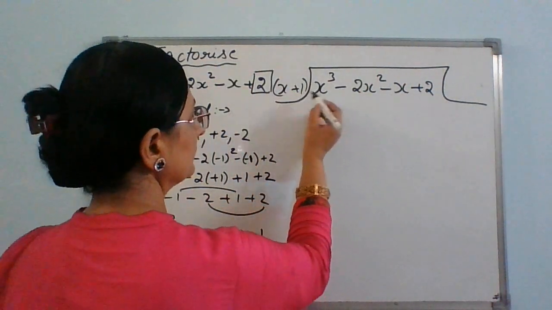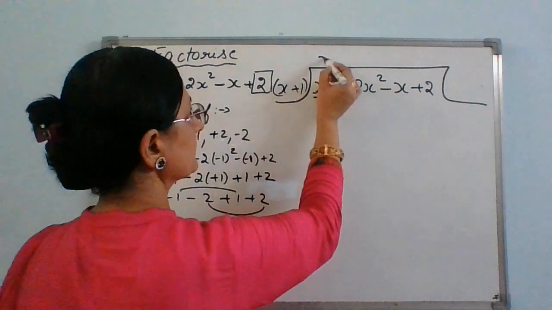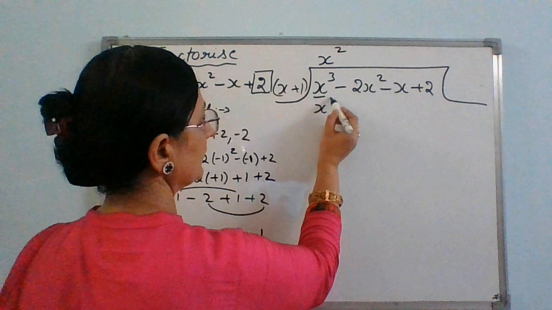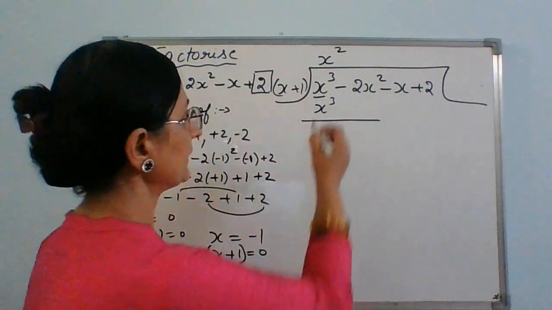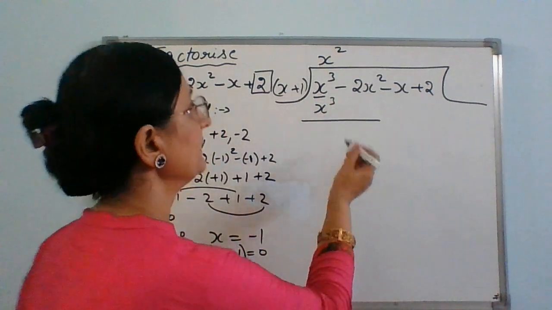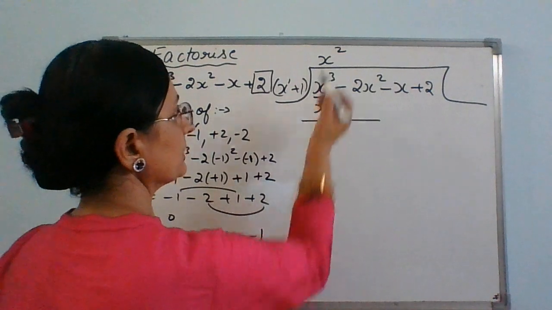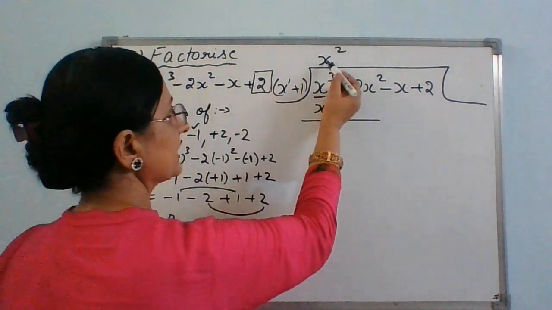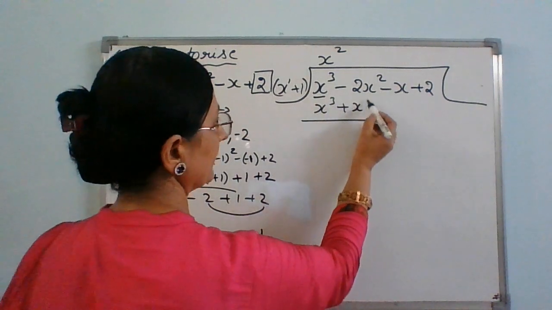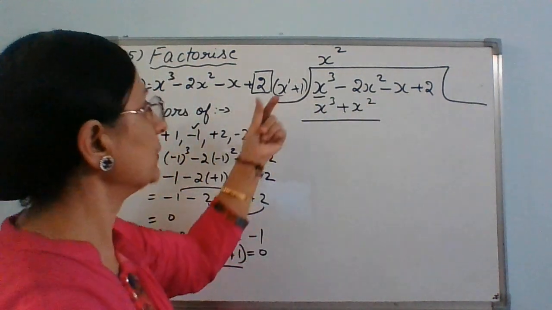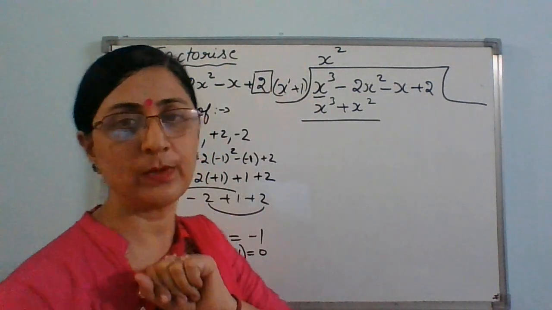Now you have to see how to make the first term the same. It is x cube here, and x here. We are supposed to multiply by x square to get x cube. You have to make the first term the same so that we can cancel out in one step. So 2x square has to be multiplied by this. Now x square into x is x cube, x square into 1 is x square. There are 2 terms and you are supposed to multiply both terms with x square, not only one term.